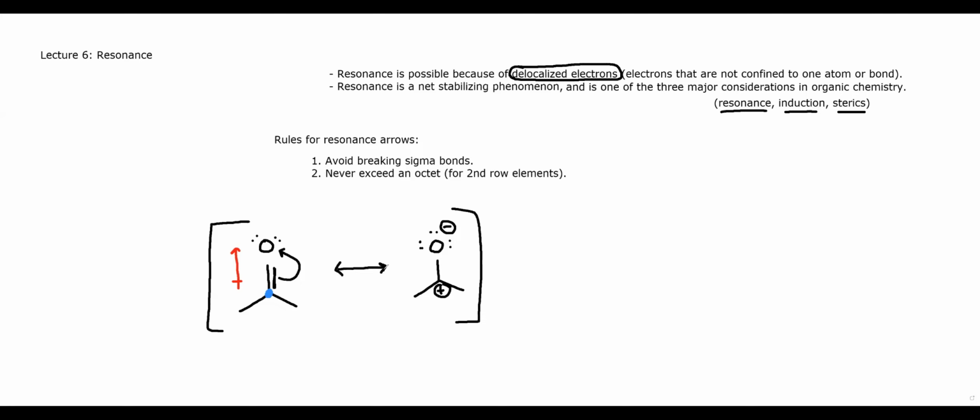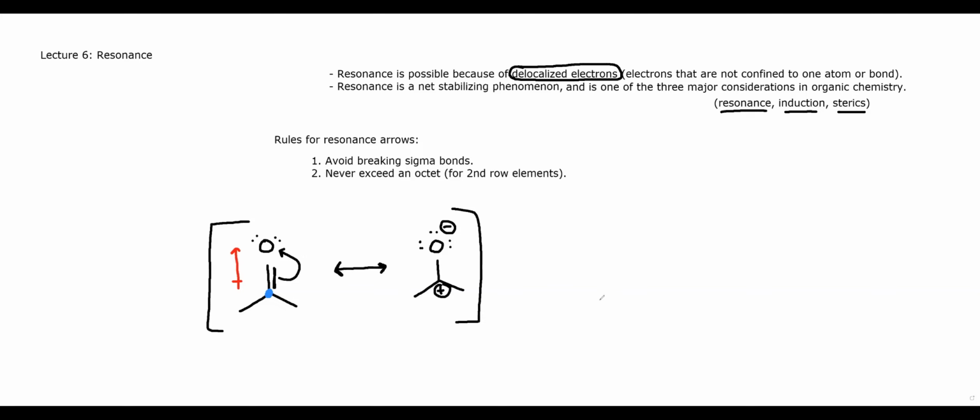Now, neither structure is fully correct, right? Neither one is fully correct. These pi electrons, they could be here in a double bond. They could be up on oxygen. In actuality, they're shared between the 2, okay? That's why resonance structures are important. It shows us all the possible locations of delocalized electrons.